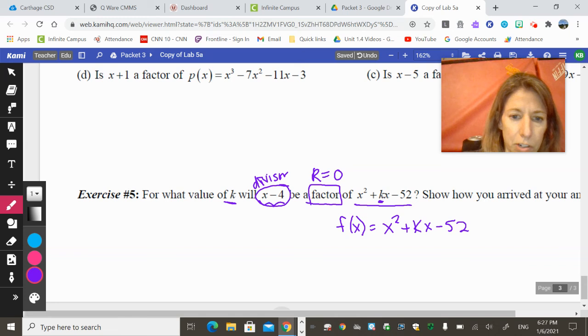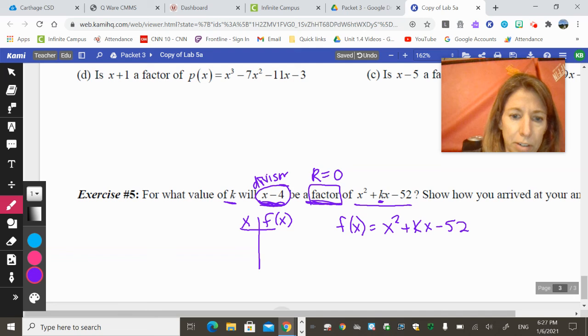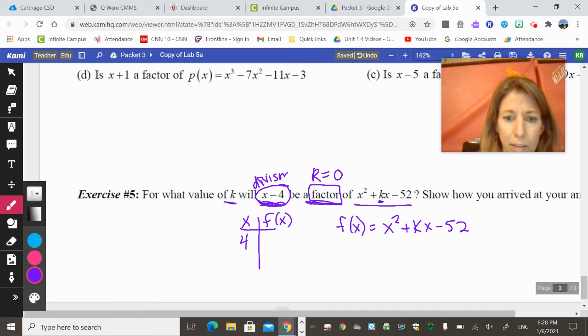Hopefully you gave it a shot. But remember, we have this function, and we have enough information to get the input, and we know the output. We know that we want the 0 of the divisor. The 0 of the divisor in this case is a positive 4. And if it's a factor, we have to have an output of 0.